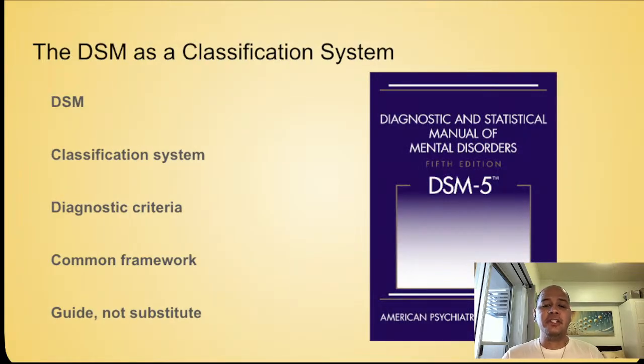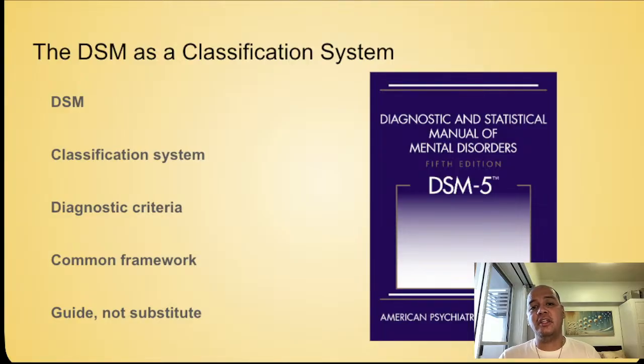Now, DSM is used as a classification system, all right? The DSM, or the Diagnostic and Statistical Manual of Mental Disorders, is one of the most widely used classification systems in mental health. It provides criteria for identifying disorders so that clinicians, researchers, and institutions have a common framework. And that common framework matters because without it, each clinician might use completely different language and communication would become much harder.